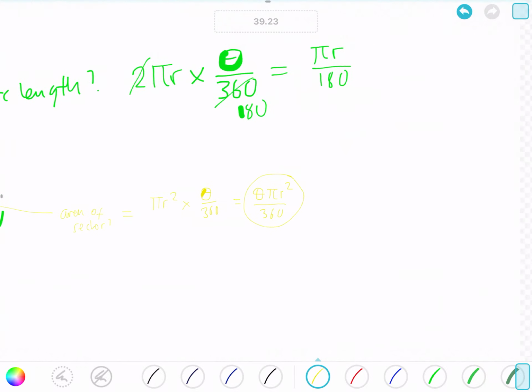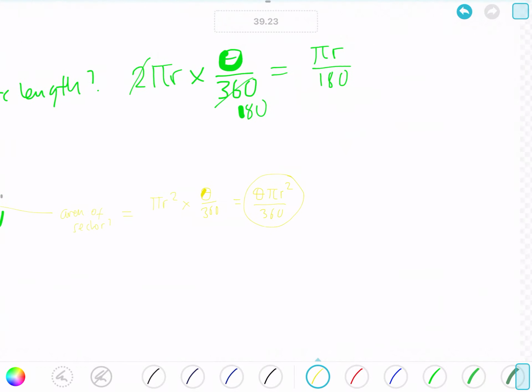We're doing arc length. So the arc length would be the whole circumference, 2 pi r, times the fraction that we've got. This time, because we're using radians, the fraction is theta out of, remember, what's the whole circle? We said it was 2 pi radians, not 360 degrees, because we're working in radians.